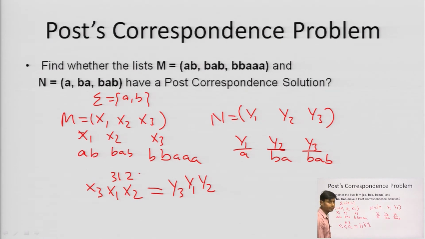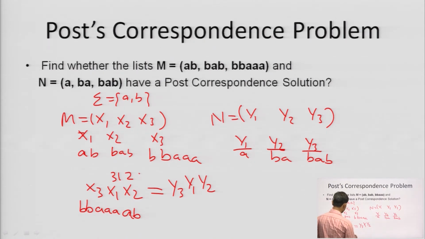So x3, then x1, then x2, and on the other side y3, y1, y2. What is x3? x3 is BBAA. What is x1? x1 is AB.